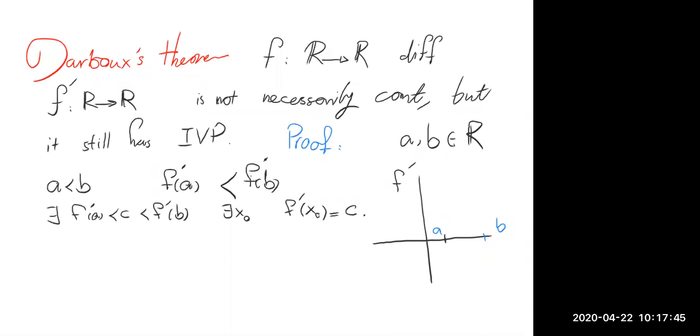Okay, so let's consider this quantity, f of b minus f of a over b minus a. There is a, there is b. Look at this quantity, and look at this quantity c.